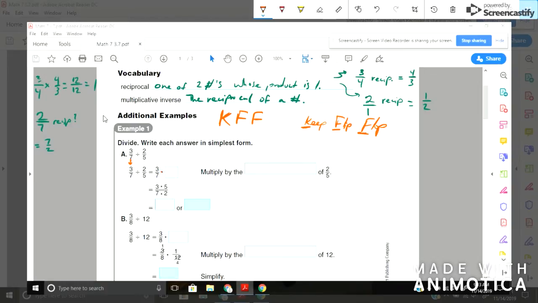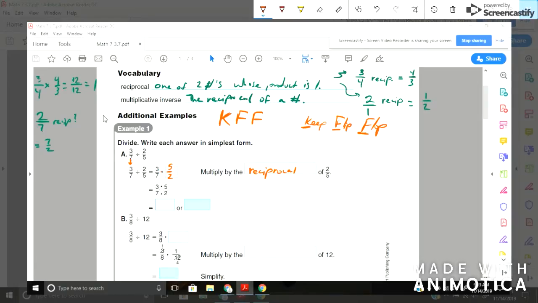And flop, change the second fraction to its reciprocal. So the reciprocal of 2/5 would be 5/2. You make the denominator the numerator and the numerator the denominator. So in other words, multiply by the reciprocal of 2/5. So we have 3 times 5 and 7 times 2 on bottom.